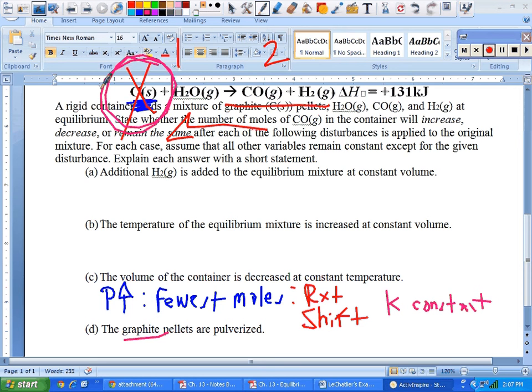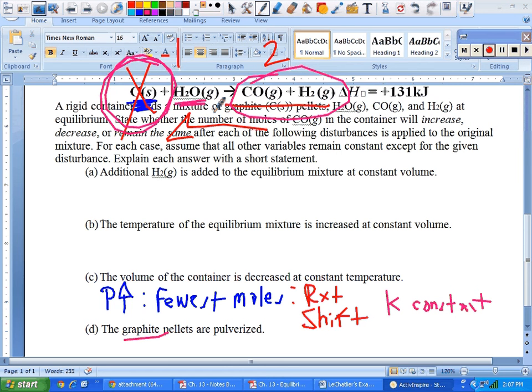Does that kind of make sense? I know what you're saying. If you add in a gas, shouldn't the pressure increase? No, I mean it's because it's an expandable thing. But if there was a reaction going on, it would not affect the reaction itself. So an inert gas, I'm not quite sure. I think it would affect the pressure, but it would not affect the reaction. Okay? All right.